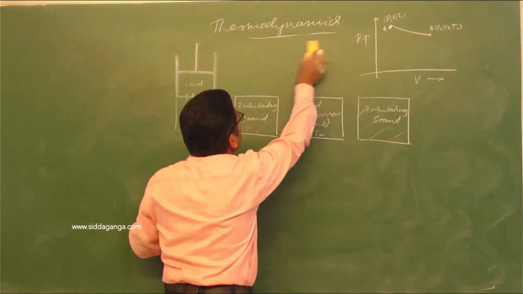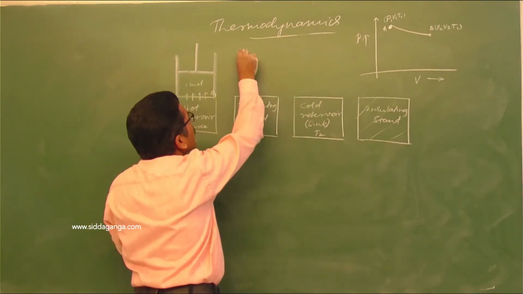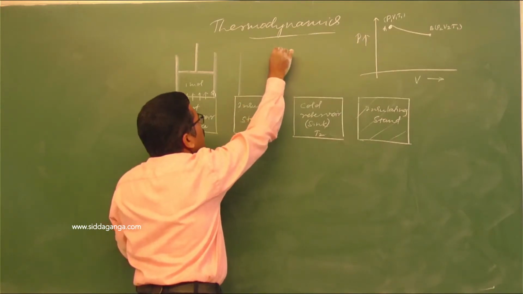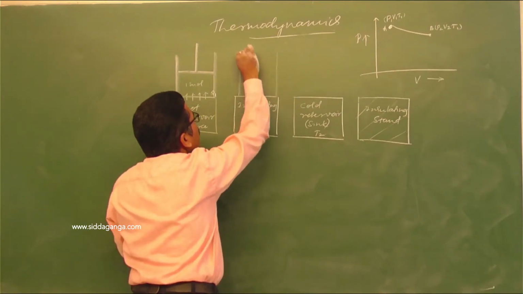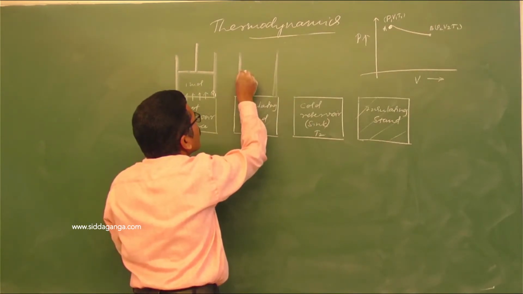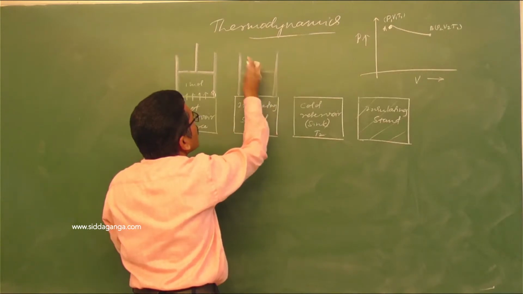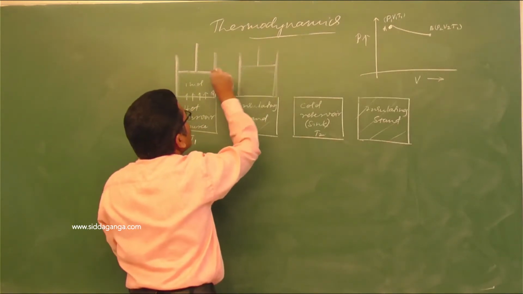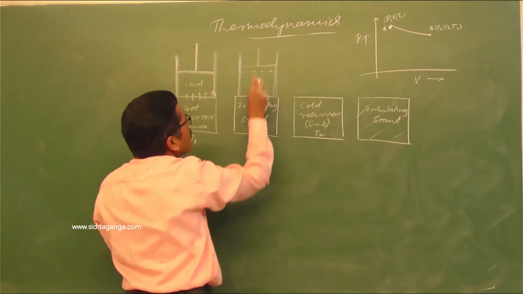Now, the cylinder is kept on the insulating stand. This is the second stage. Already it is pushed out; initially it was here, it is pushed there.